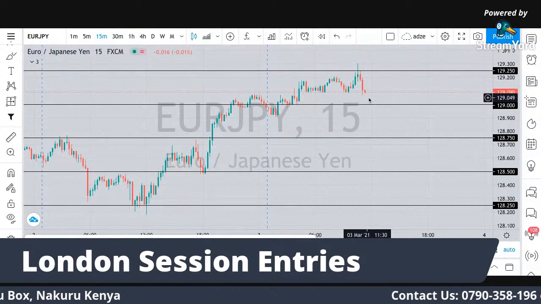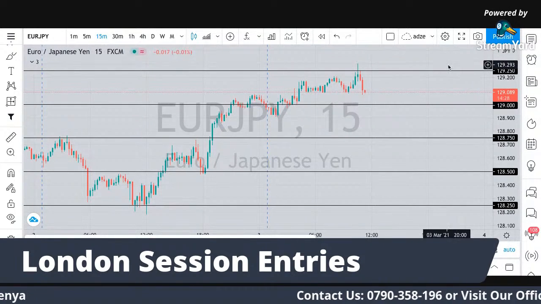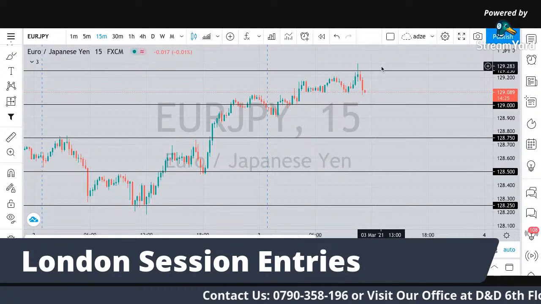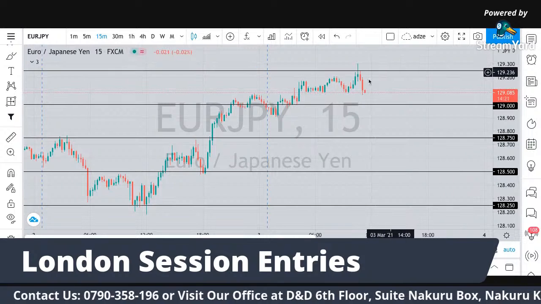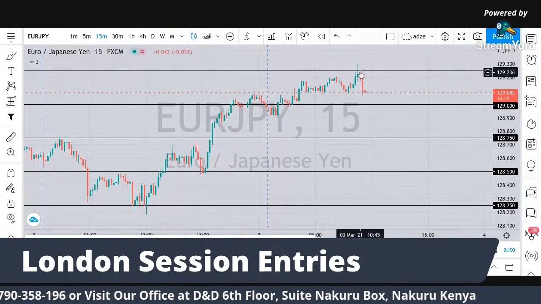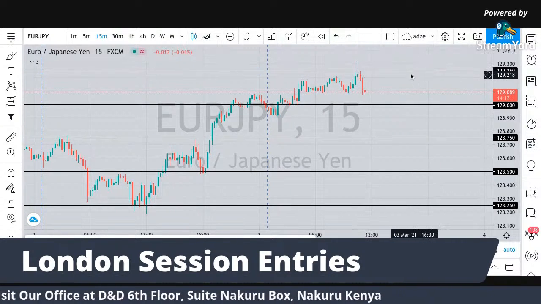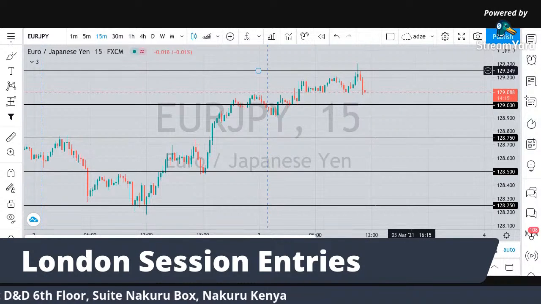Now this is what I'm expecting. I had several confluences as to why price was rejected here. I did not take this trade, reason being it was not sustained above this institutional level.